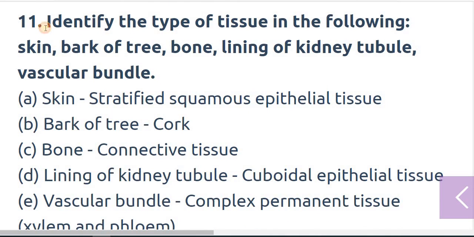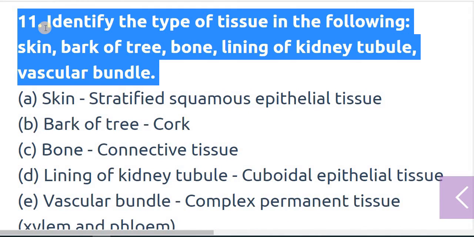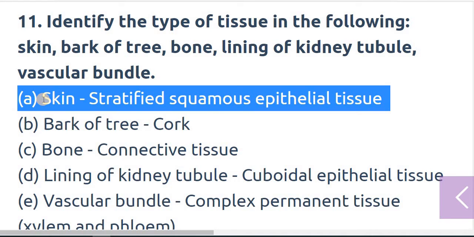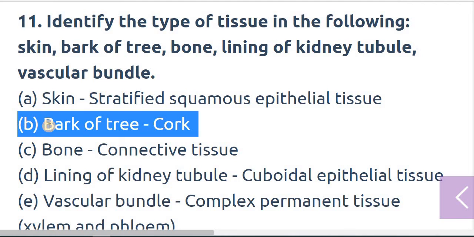Next question, question number 11. Identify the types of tissue in the following: skin, bark of tree, bone, lining of kidney tubule, vascular bundle. So in the skin, the stratified squamous epithelial tissue is there. Bark of the tree is called the cork.